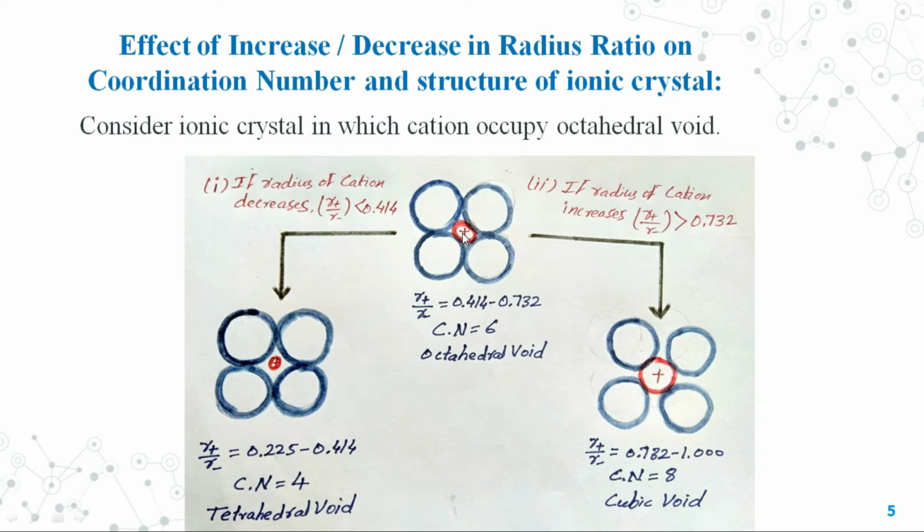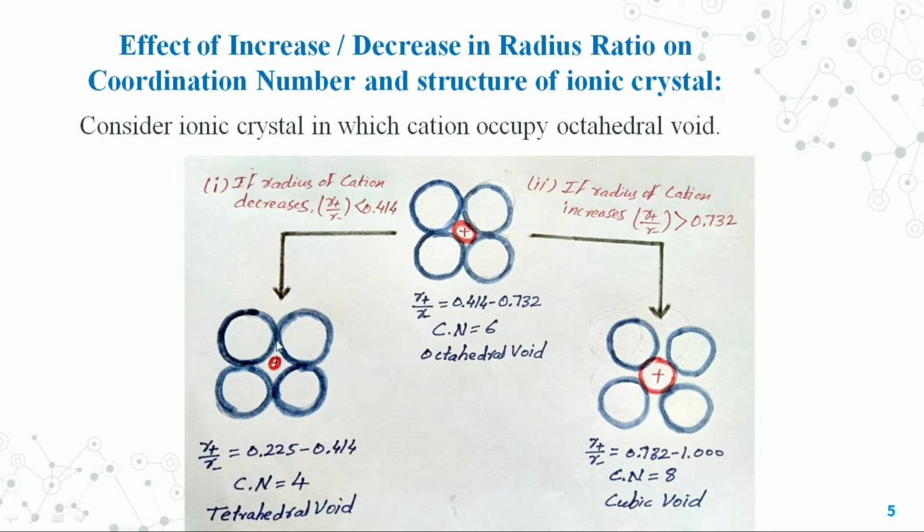Now there are two possibilities I may come across. The first possibility is, suppose I have a cation whose radius ratio value is less than 0.414 and still I force it to be placed in this octahedral void, then what is going to happen?